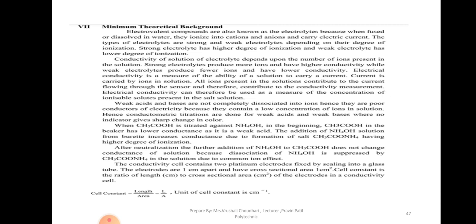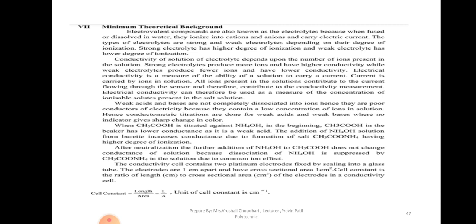The minimum theoretical background of this experiment: electrovalent compounds, also known as electrolytes, when fused or dissolved in water, ionize into cations and anions and carry the electric current. If the water is free from cations and anions, it will not carry the current.